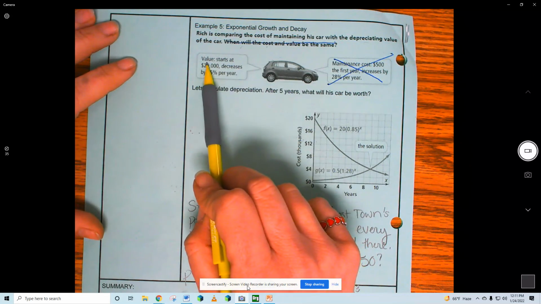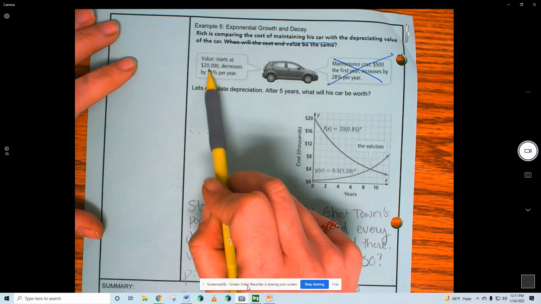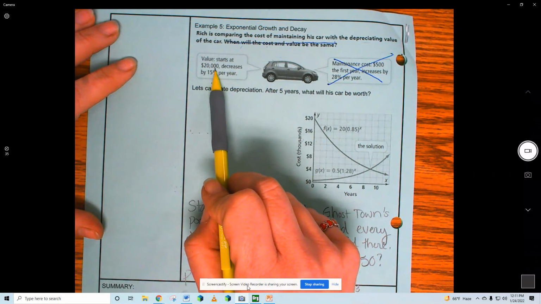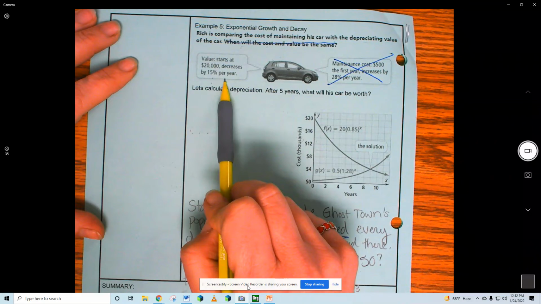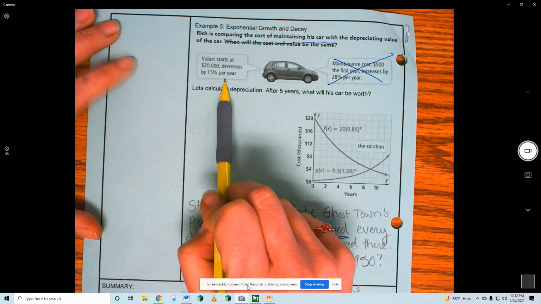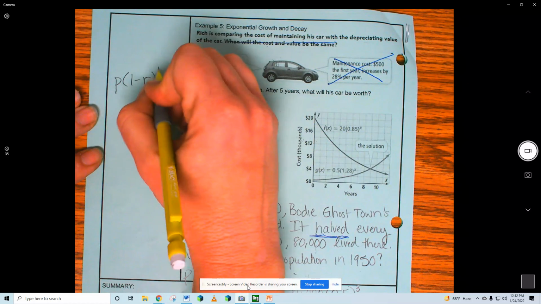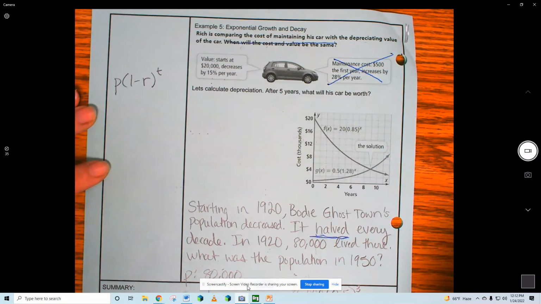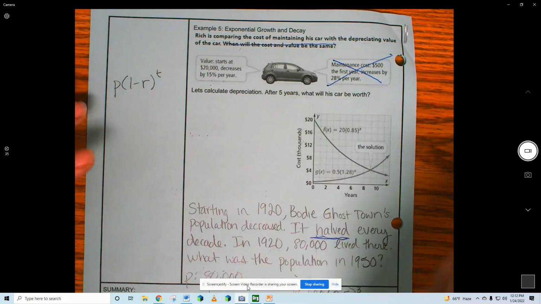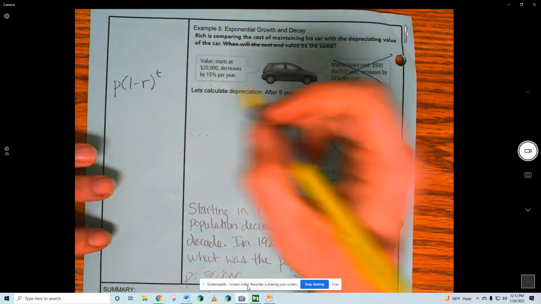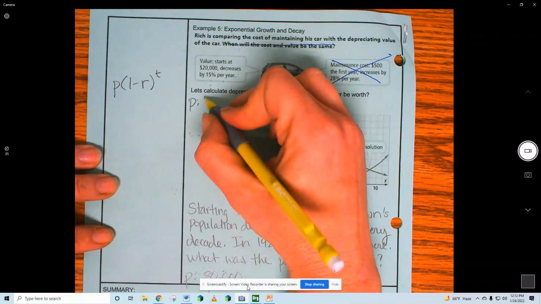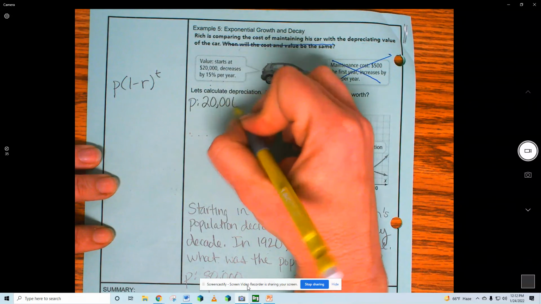The value. This car that he bought starts at 20 grand and it decreases by 15% each year. This is my formula, P times (1 minus R) to the T, because I have a percentage, 15%. My P is what the car was bought for, $20,000.